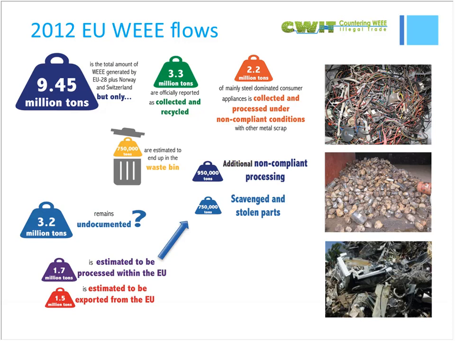If we look at the numbers here, we think there's another 1 million tons of this 1.7 in non-compliant processing, and another 750,000 tons in scavenged and stolen parts, for instance cables, compressors, drives and memory from IT equipment that is taken out for the value. So this is material that is not lost. It is just, because of its value, being cherry-picked and not reported to the official channels. In some cases, there are significant environmental issues with this.